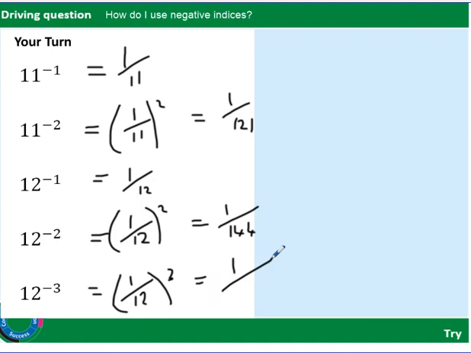I don't know what 12 cubed is off the top of my head. 12 multiplied by 12 multiplied by 12, 1,728. Of course, if it was in a non-calculator paper, I'd do a little written calculation over here.